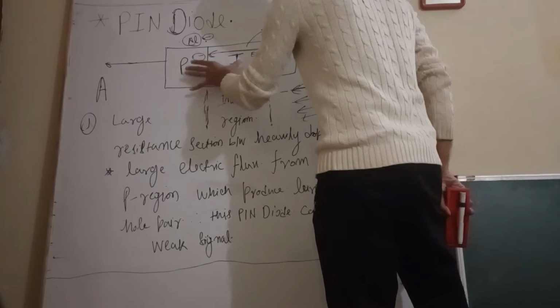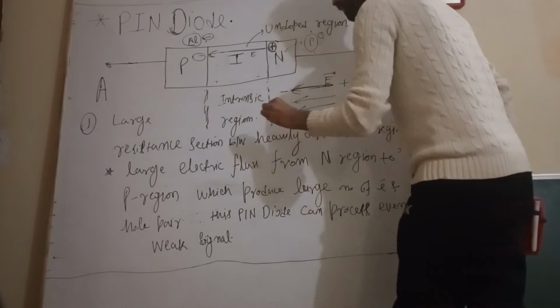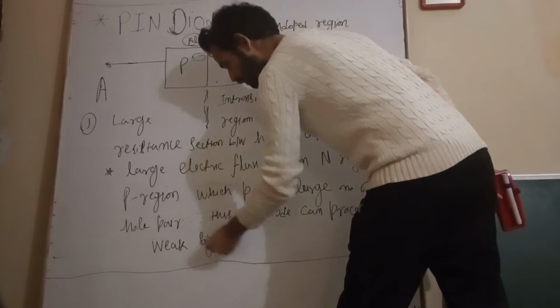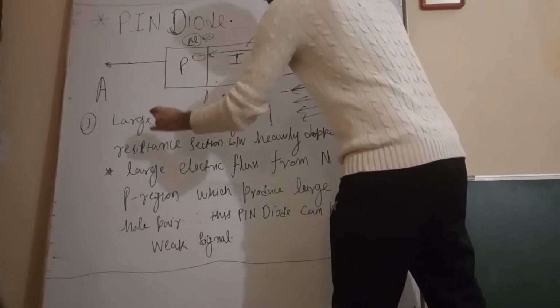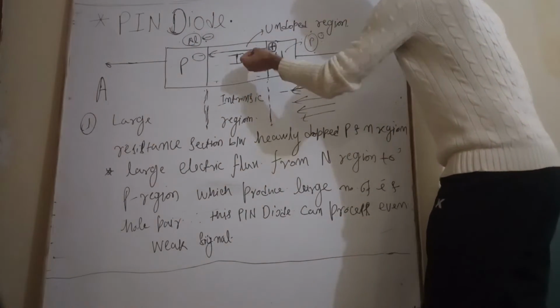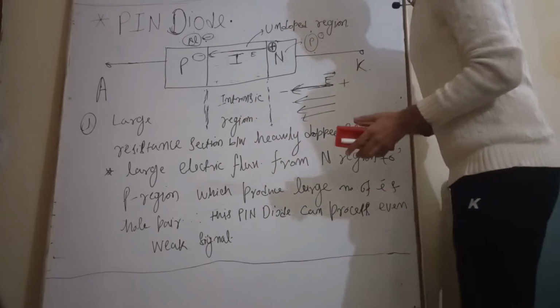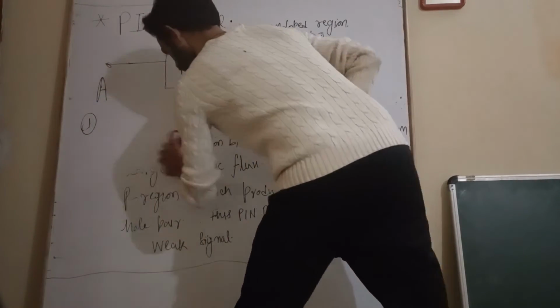In this way we can say that this pin diode is able to process even a weak signal. This is one feature that we found in this pin diode. What is the next feature? We will see this.